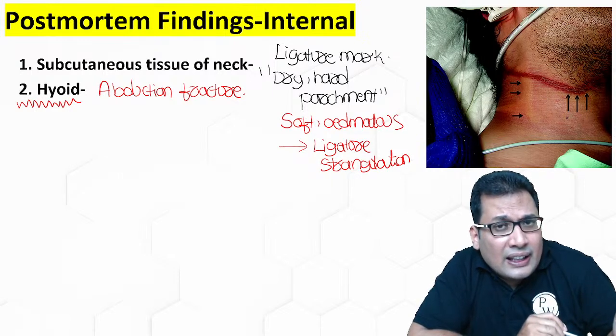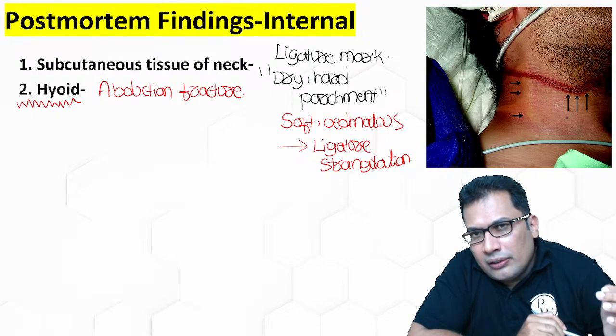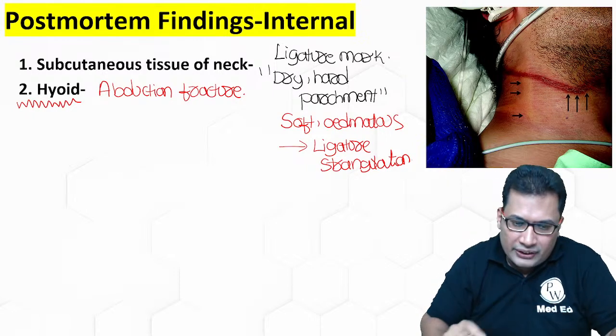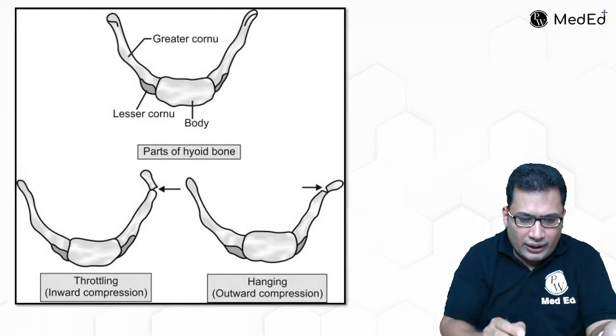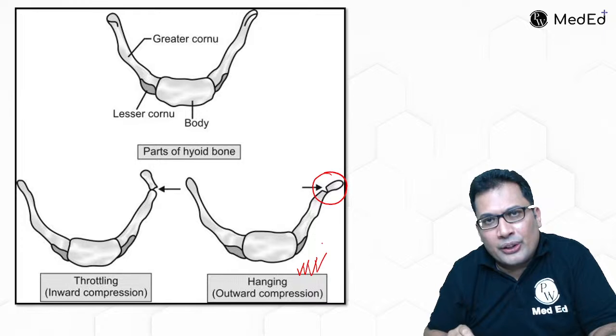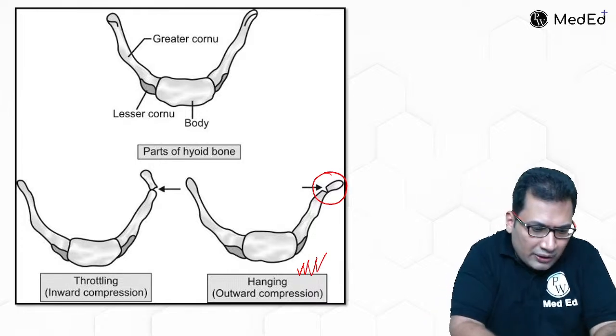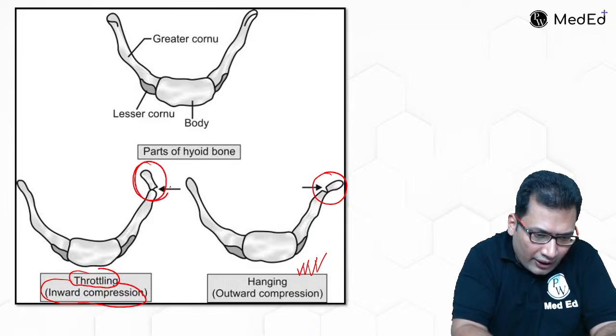Adduction fracture is seen in throttling. In throttling, it is an adduction fracture. In case of hanging, it is an abduction fracture. You can see this image here. This image shows an abduction fracture, also known as an outward compression fracture. In case of throttling, you can see an inward compression fracture, also known as an adduction fracture.